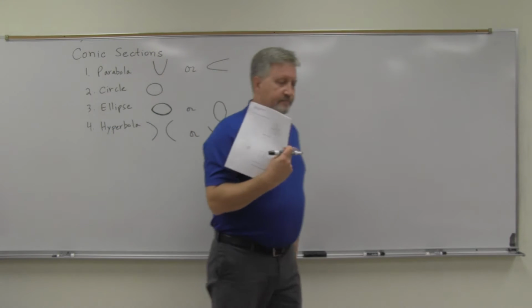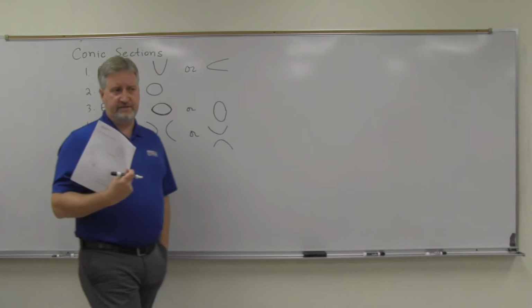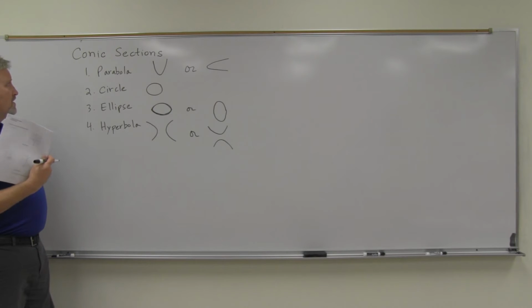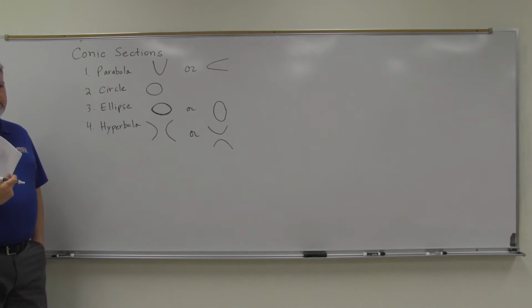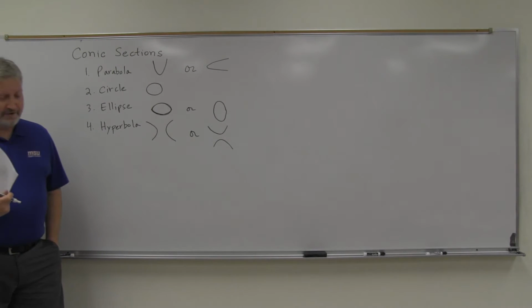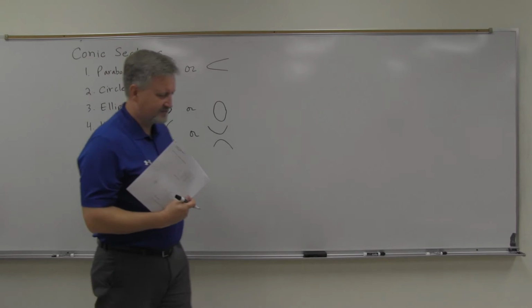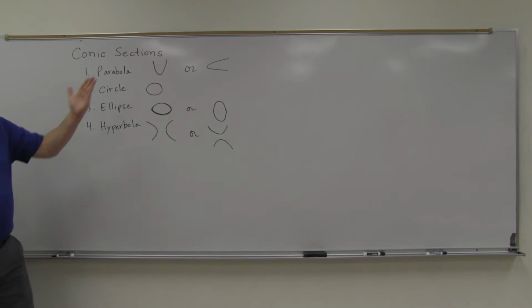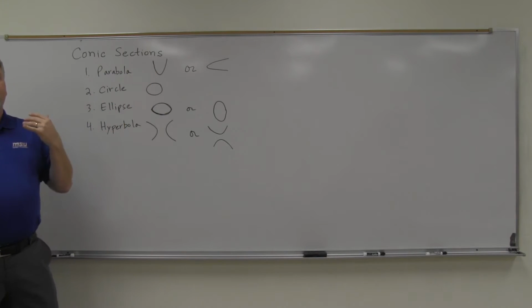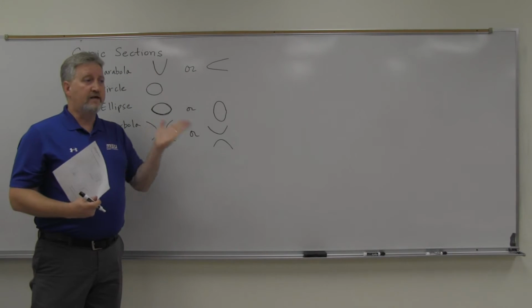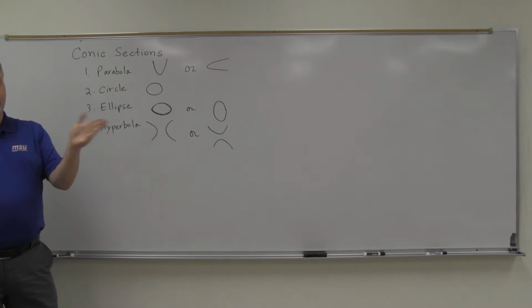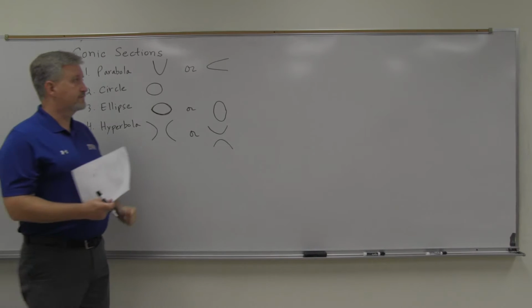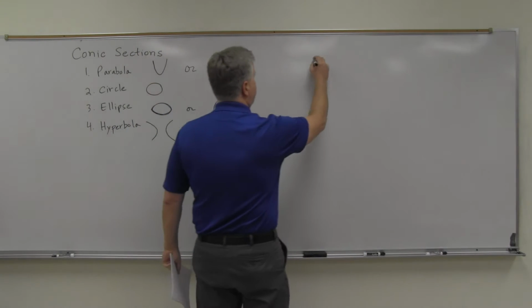Now, let's talk about the equations. What equations generate these is really the goal, the question we're asking ourselves here. Well, we already know the parabola, one of them anyway. We know the up or down parabola. That's y equals x squared, or shifted, however, vertex shifted and all that.